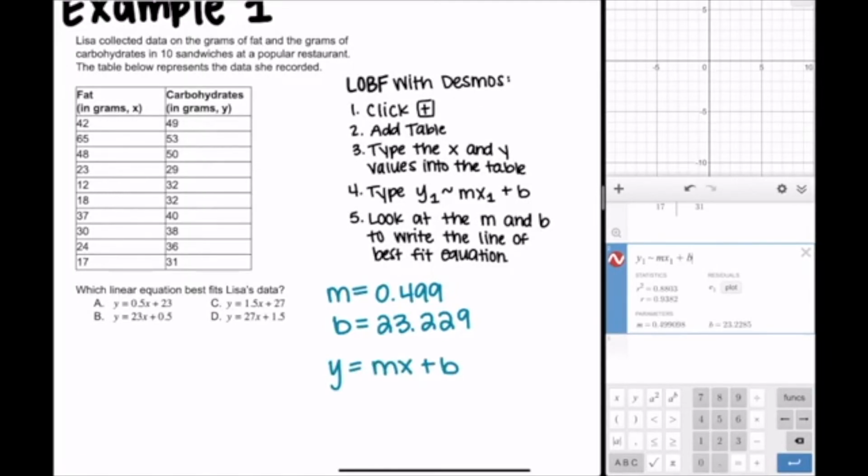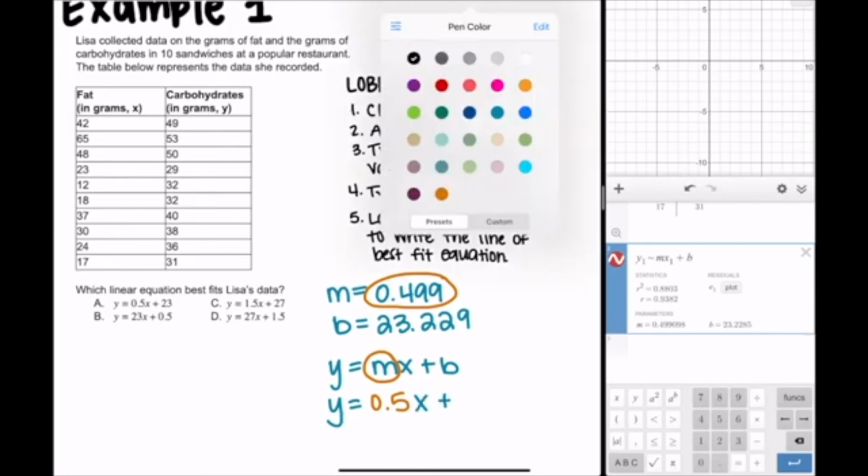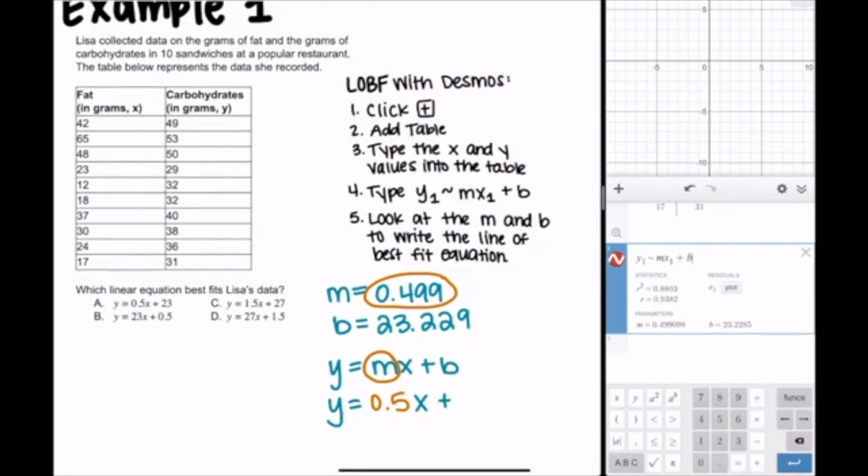So we're going to take our m value and put it in the place of m. So that would give us y equals about 0.5x plus our b value. And our b value was about 23. And that is where our final equation comes from. So y equals 0.5x plus 23.